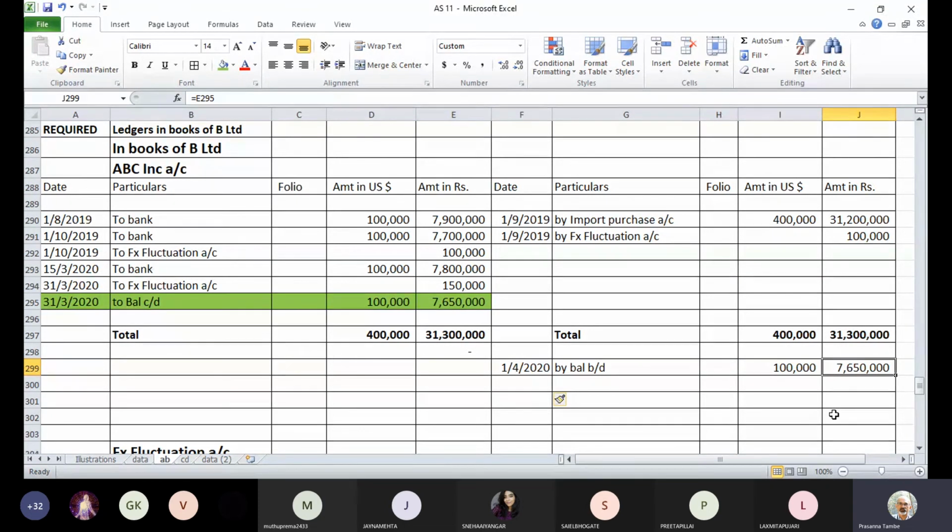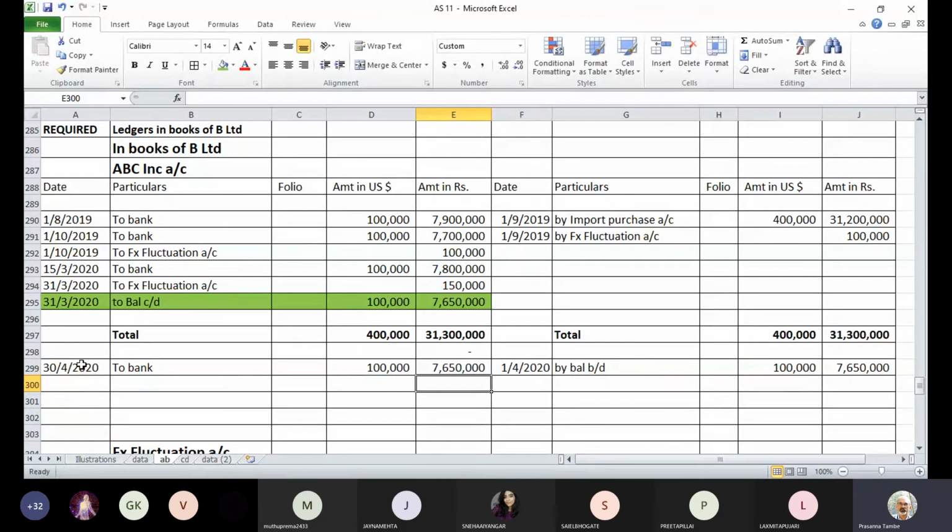So your entry will be on 30th April. ABC Incorporated account debit to bank. This will be debited for $1 lakh at year-end rate of 76.5. That was the restatement rate at the year-end.